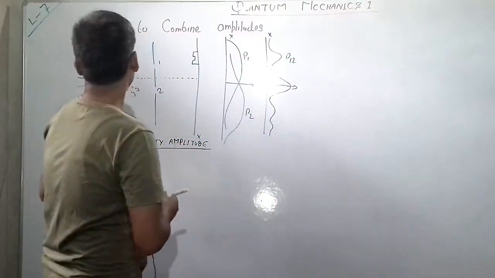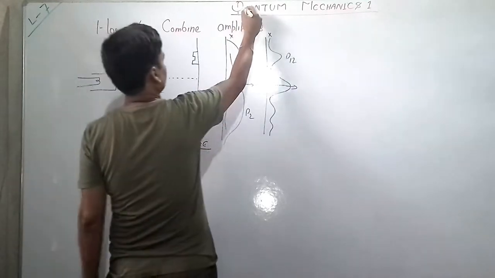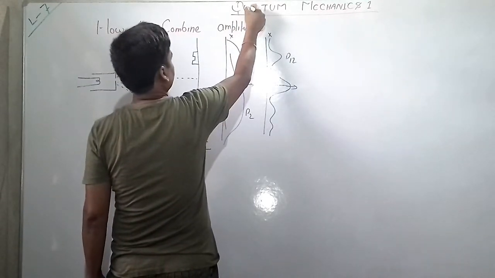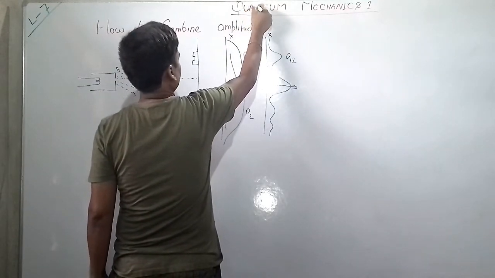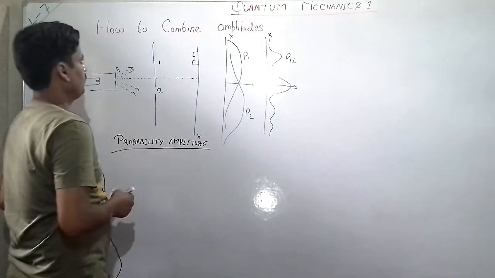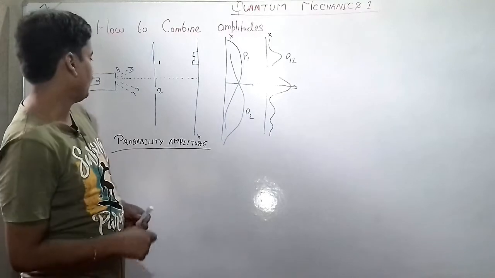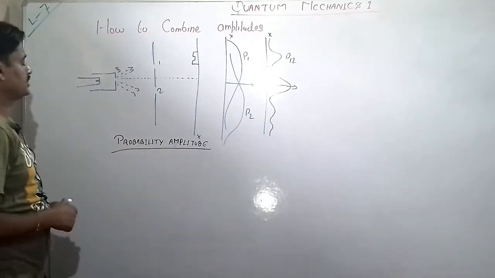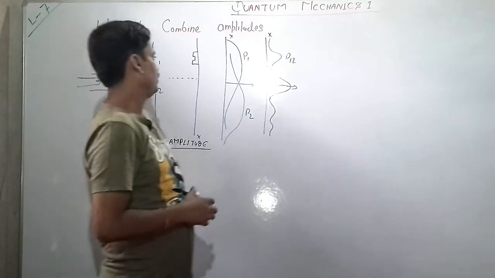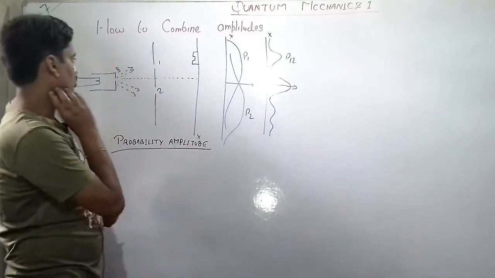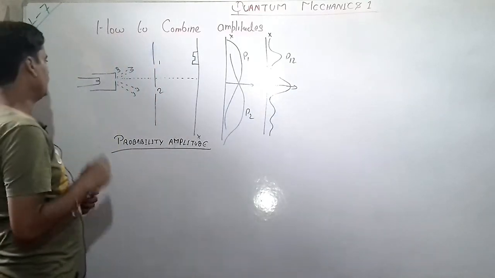This is another video in this lecture series called Quantum Mechanics 1, and in this video I am going to explain how to combine amplitudes. In the last few lectures I explained what probability amplitudes are, and probability amplitudes follow what we call the superposition principle.